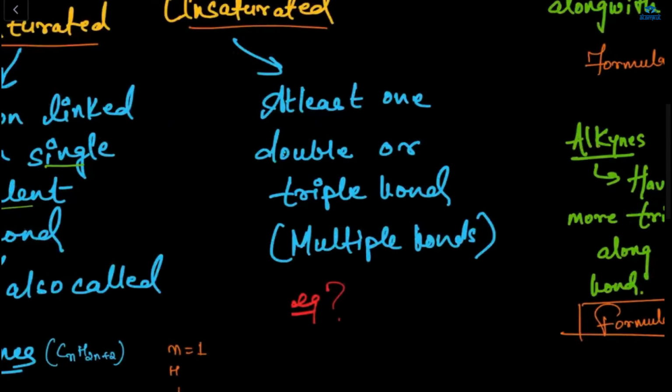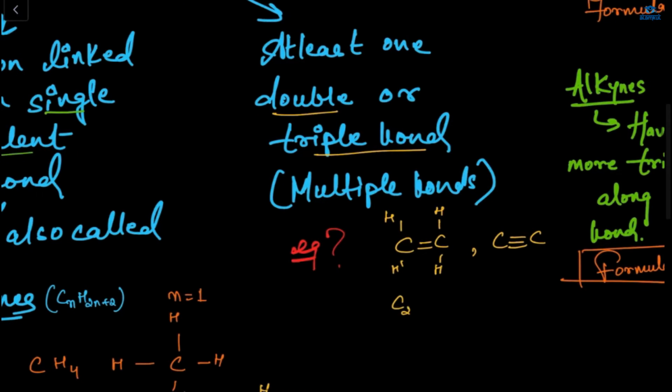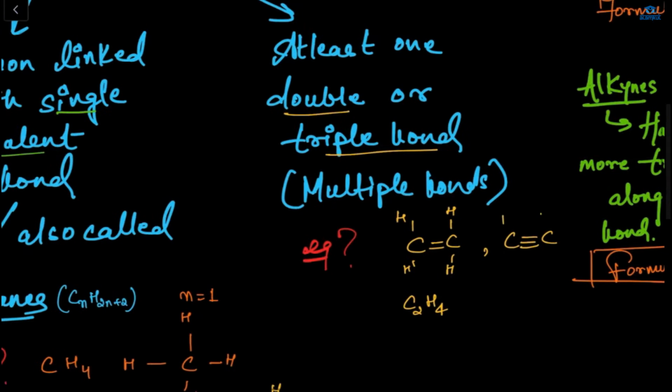Now what is unsaturated? Unsaturated means at least one double bond or triple bond, like this, or like this. This is your unsaturated. Here it will be C2H4, and here also it will be C2H2.